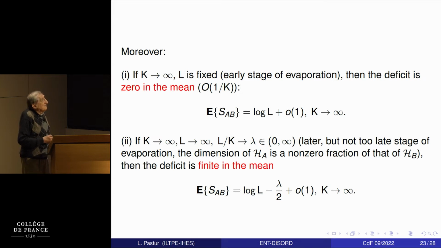If the radiation is a finite fraction of the black hole with respect to degrees of freedom, then you make a double limit, keeping this ratio fixed, and it will give you a logarithmically growing term, but this is a constant. And there were some models that now allow to compute next terms, but it is another story. Let's keep on that simple setting.